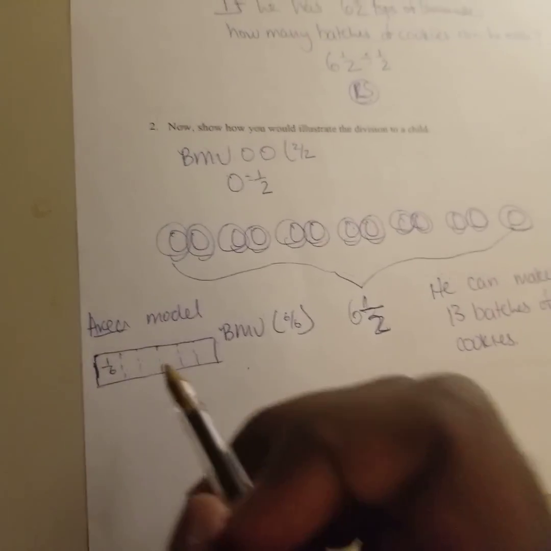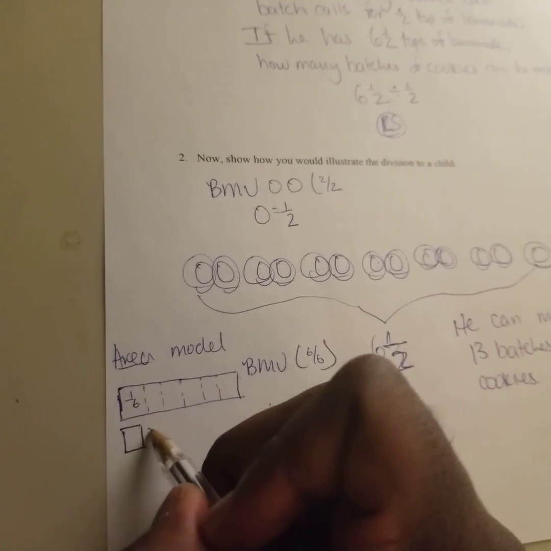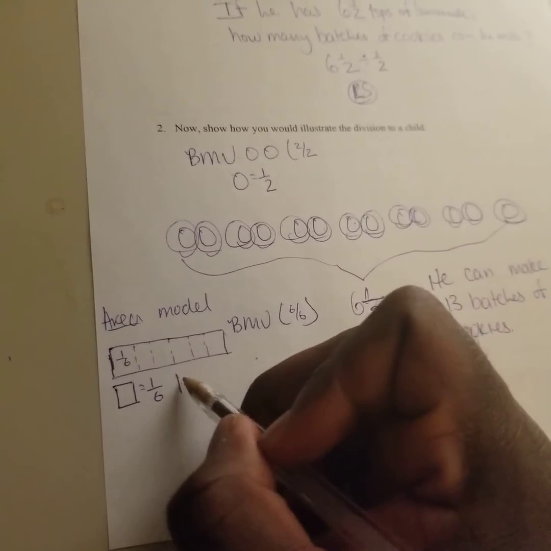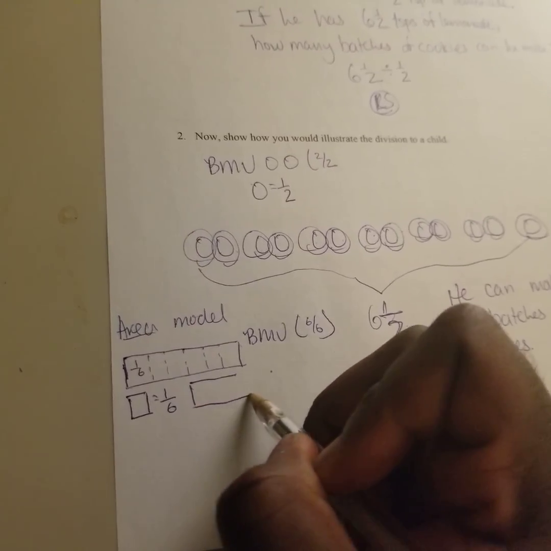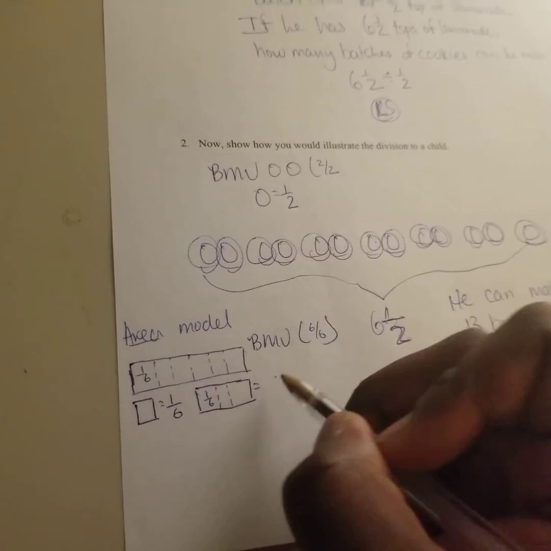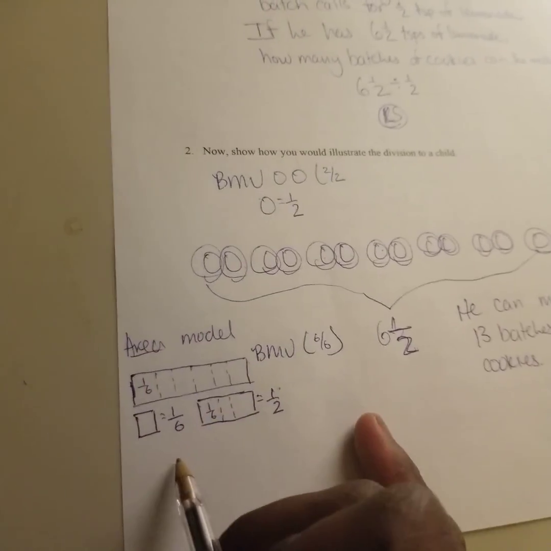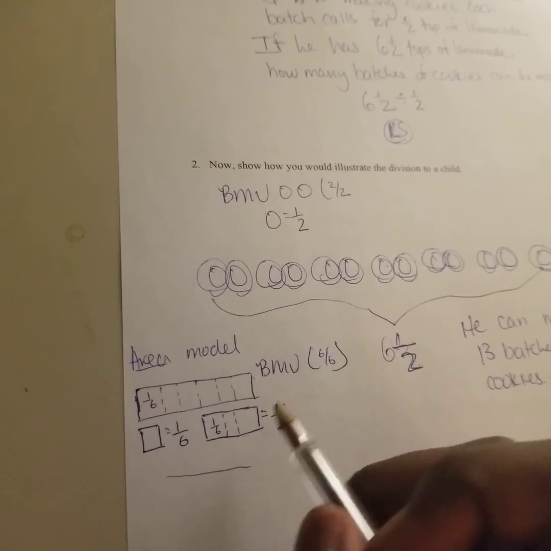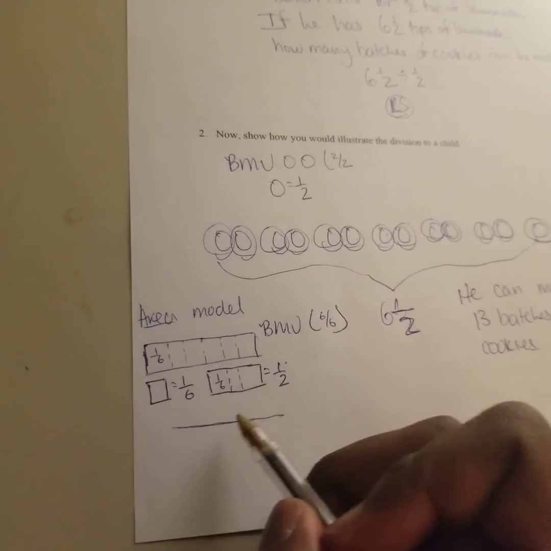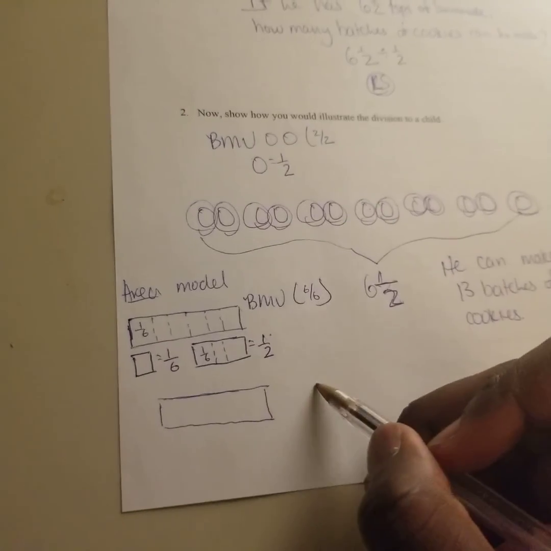Right, now I need to make 6 of those. Oops. Can't forget to show my measuring units. So that's 1/6. 3 of those would be 1 half. 3/6 is 1 half. And now I need to draw 6.5 of them. That's 1.